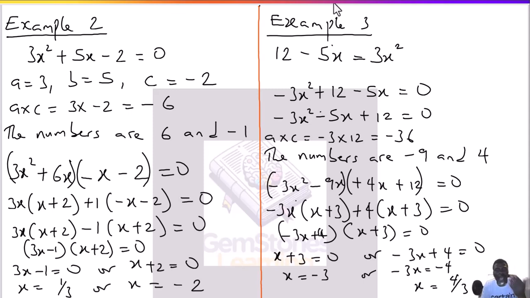But if we are given the answer, how do we get back the equation? I'm going to show you in two examples how we can get back the equation from the result. The result is simply called the root of the quadratic equation. So when you are given the roots, how do we form the equation?